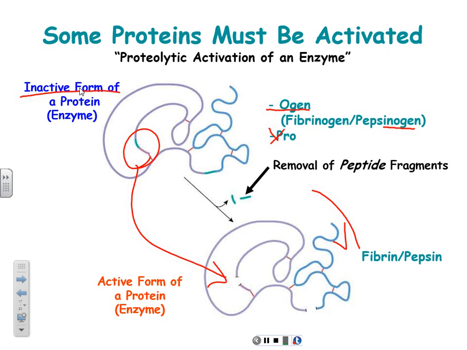We activate the pepsinogen, it forms pepsin, and then the pepsin helps you in your digestive process. And when that's done, it's inactivated again. So by removing a peptide snippet in a process known as proteolytic activation, we can activate a protein, right? All right.